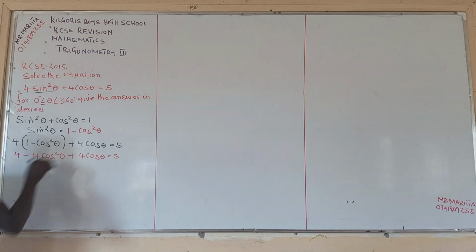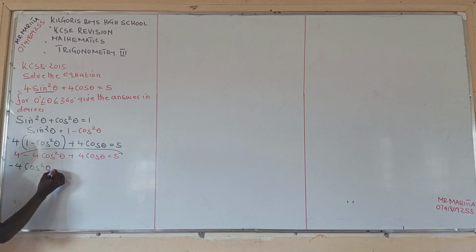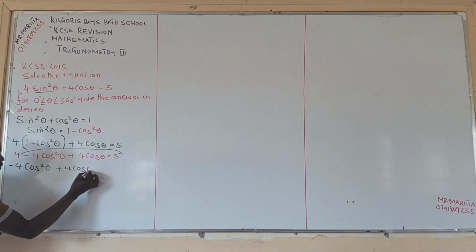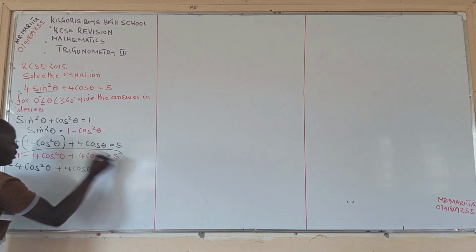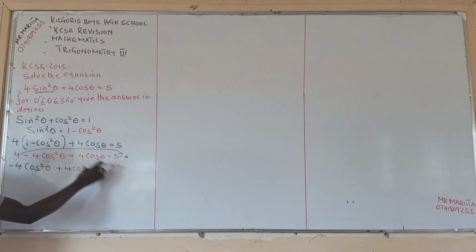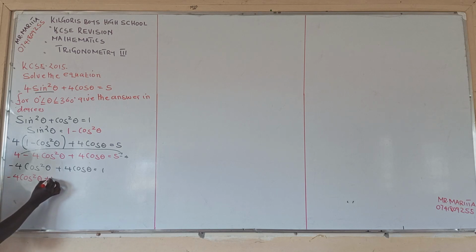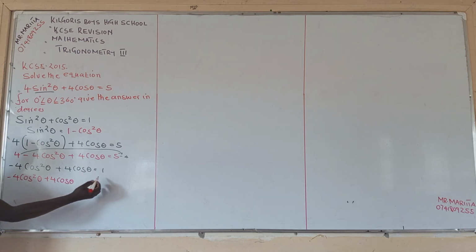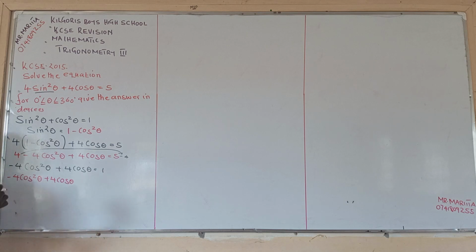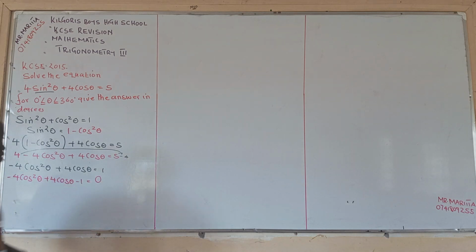We can transfer this 4 to the other side, such that we remain with minus 4 cos squared theta plus 4 cos theta equivalent to 5 minus 4, which gives us 1. To form a quadratic equation, we remove this 1 from this side, so we subtract 1, and on this side we remain with 0.